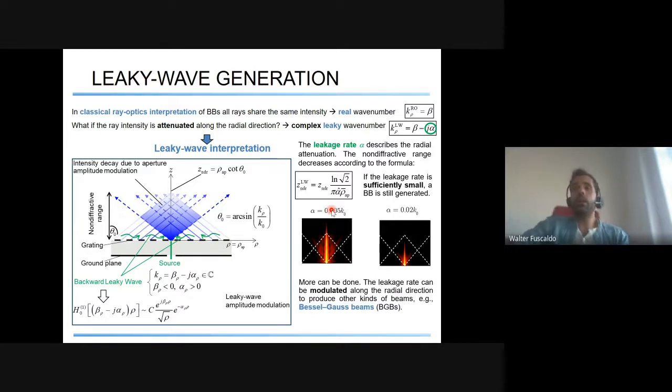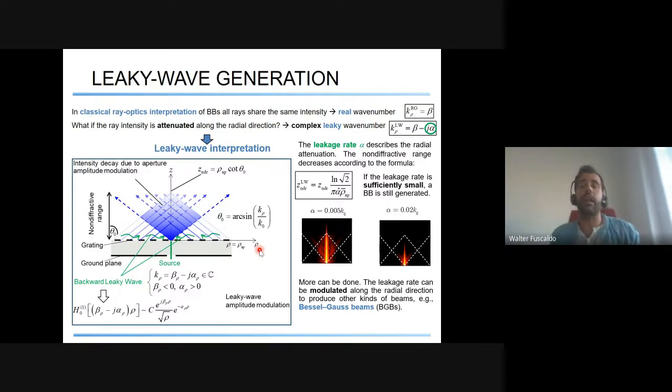Moreover, we can do more when we have a leaky wave number, because we also have the degree of freedom of modulating this leakage rate along the radial direction to create a sort of arbitrary envelope of the weight of these rays along the radiating aperture.